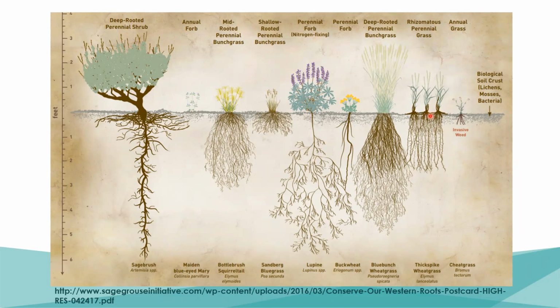And when we're comparing those to annual grasses, not the very far right, because that's the bacteria crust, but the next one over, you can see there's not a lot of energy produced towards roots or towards the plant. All the energy for these annual grasses is just going to the seeds.